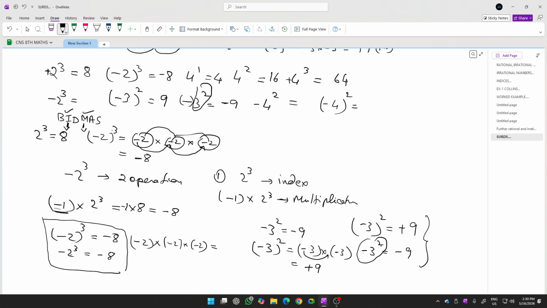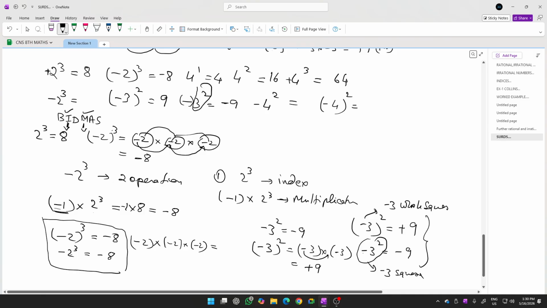Don't read minus 3 whole square. And this you have to read as minus 3 whole square. So remember this language. Minus 3 whole square means minus 3 you have to multiply 2 times, so that will give you positive 9. And minus 3 square, this you have to read as minus 3 square.